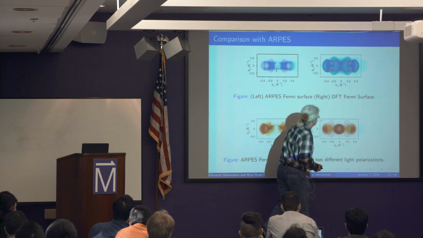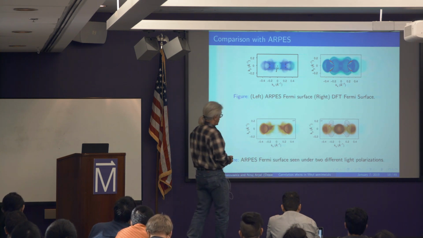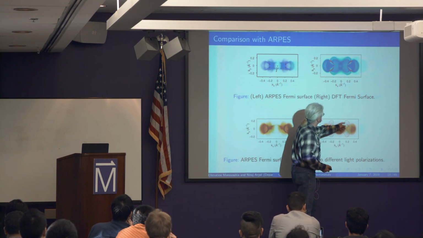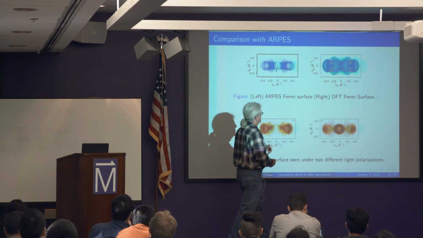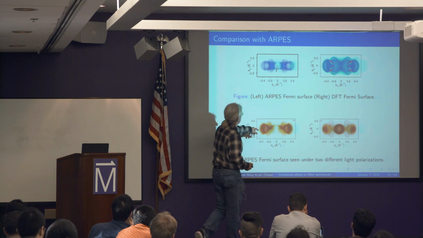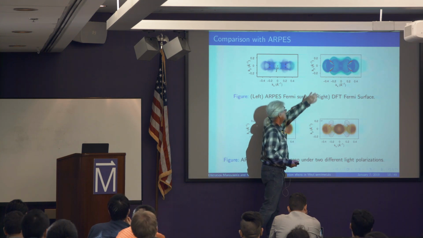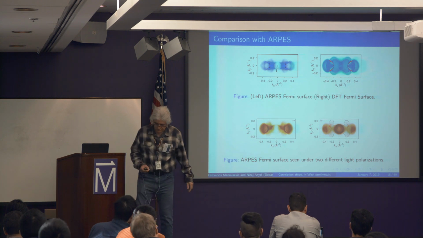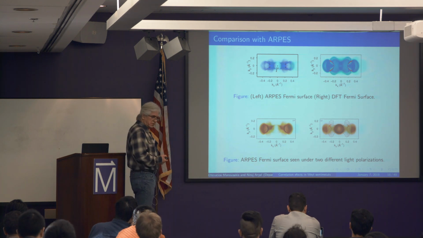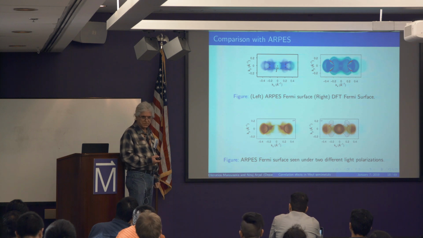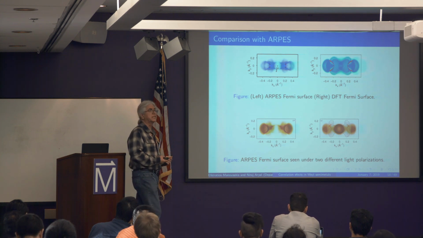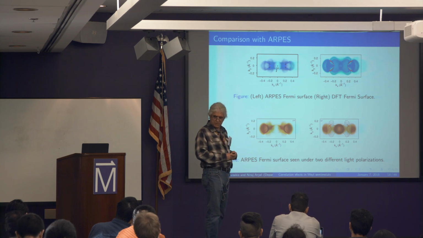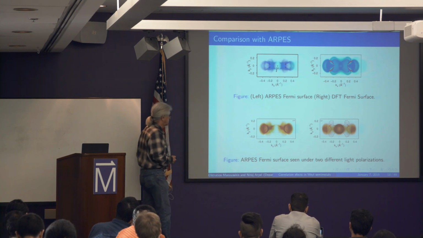In the other one there's more agreement, but you are missing these ears in this measurement. The ears are here, but they are fainter here, and here they are bright. So what's going on? We'll look at the polarization dependence of this also. So obviously there is something unexplained in these calculations, right? So let's look at these things.